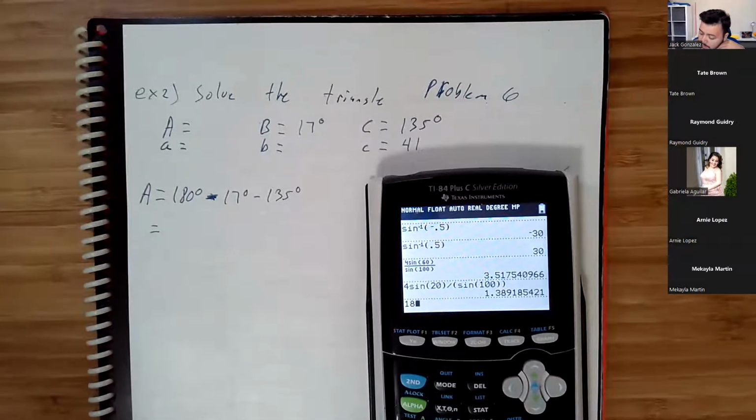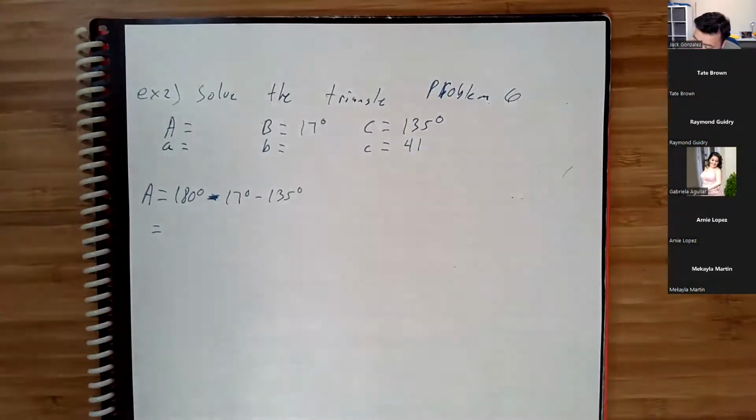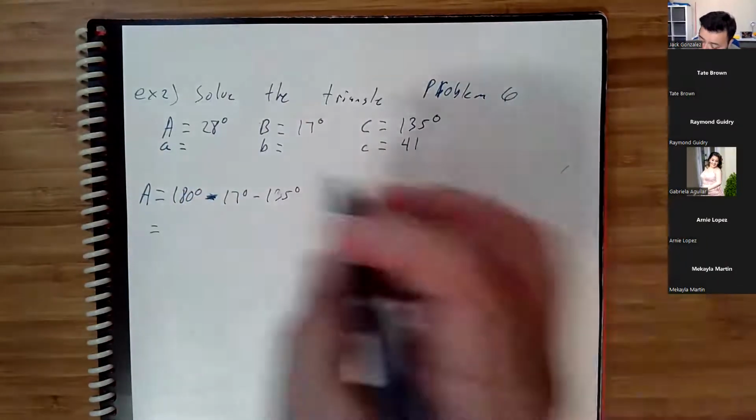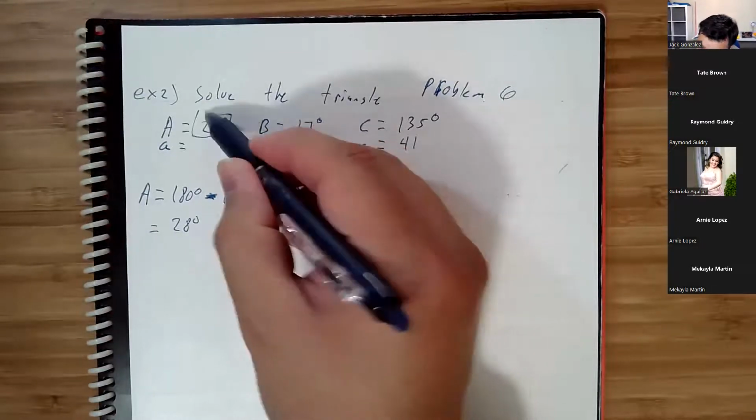So just 180 minus those two, and you'll get the third. It will always be that way. The missing angle is 28. So this was not given to us.